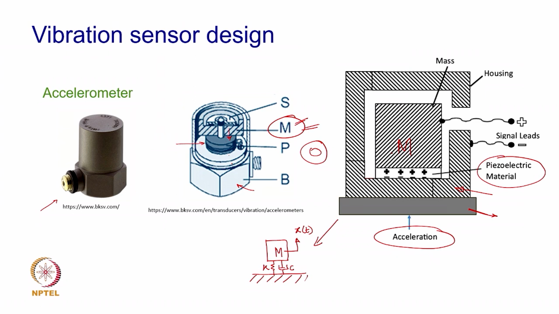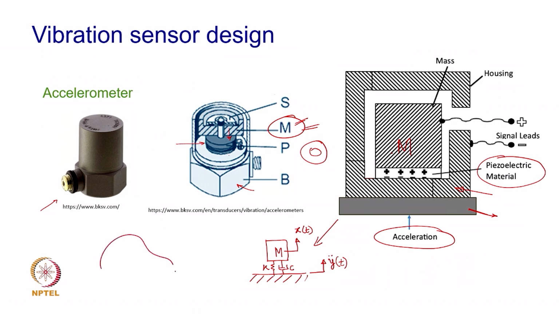Now it will be important for us to understand that, suppose this base is excited with an input y of t, how do we characterize the parameters of the vibratory system so that we are able to measure y double dot, because the requirement from this sensor is to measure input acceleration, or the acceleration of any vibratory system.